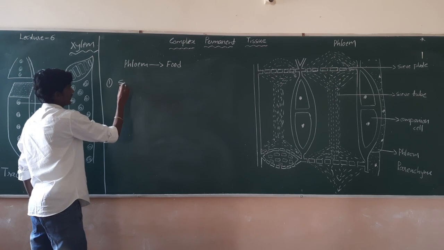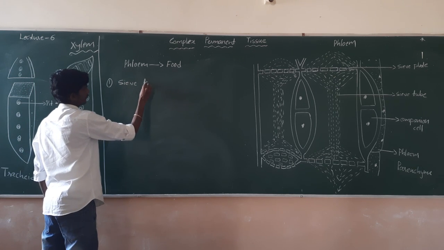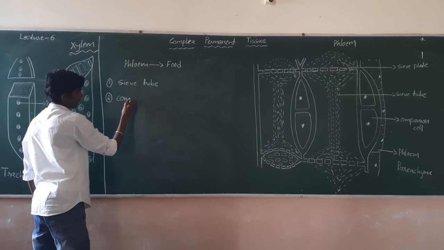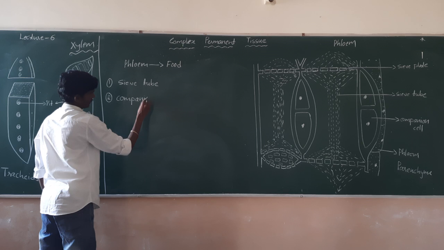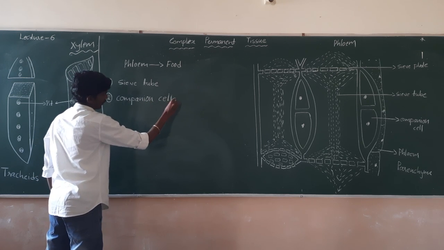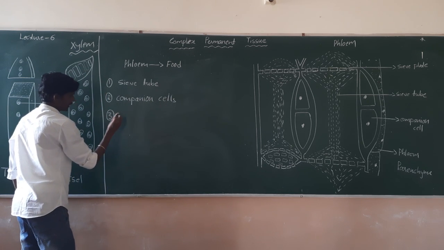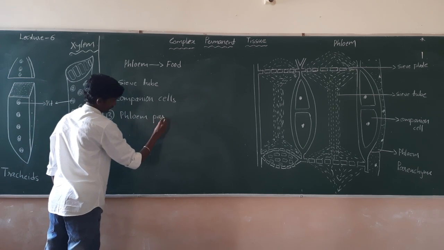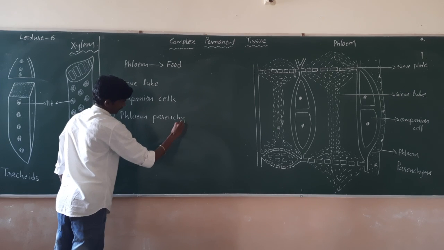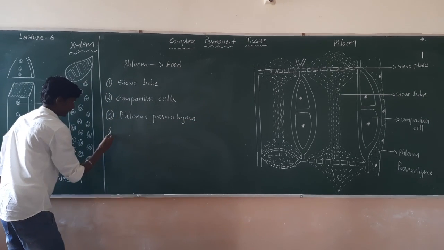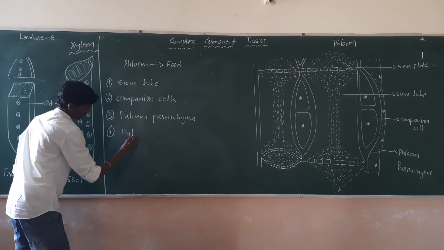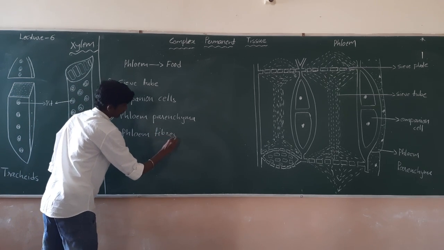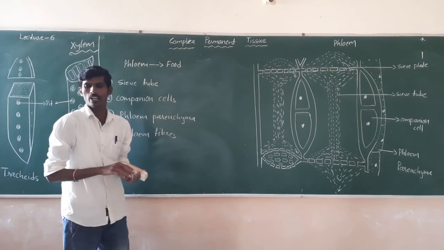One is the sieve tube. Another is the companion cells. The third one is the phloem parenchyma. And the fourth one is the phloem fibers. This is the food conducting tissue.